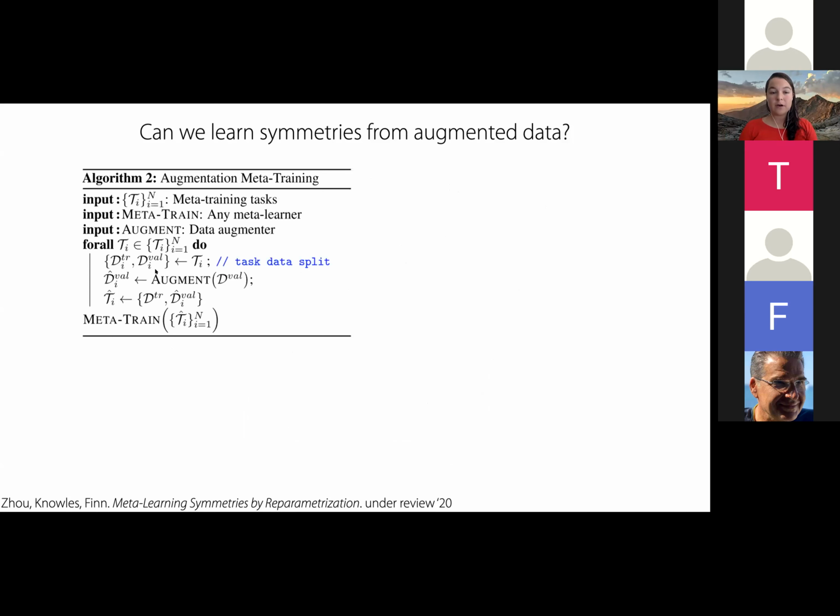We took the train-val split of the data for each task. We augmented only the validation set, only the data points that are used after the gradient update inside the meta-learner, and trained it such that after it saw the unaugmented data, it was able to generalize to the augmented data. So essentially, we wanted to bake the data augmentation into the architecture, or into the update rule, depending on how you look at things.